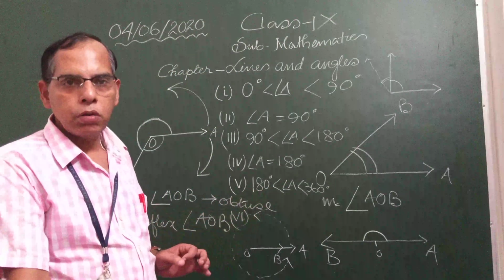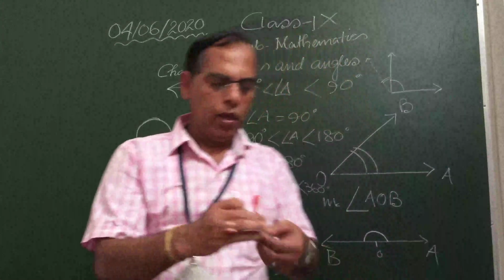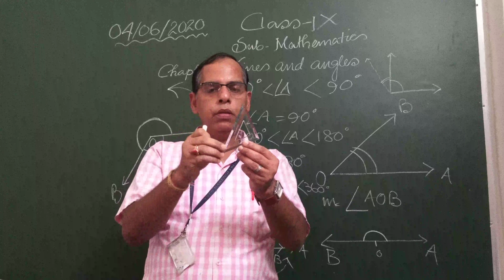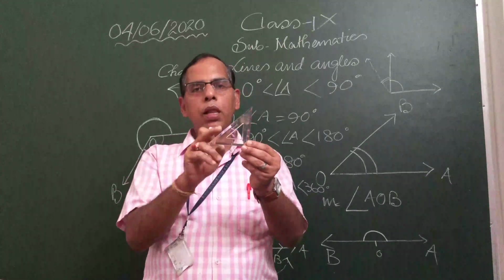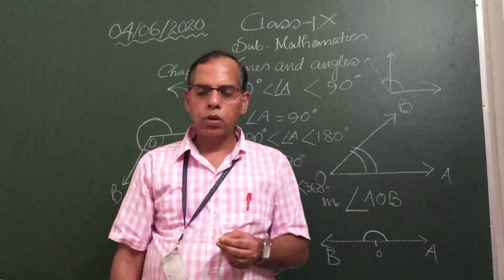Then we'll see what is the application of these. When I take this triangle, see this one, this is 90 degree, this is acute angle, this is acute angle, sum of this triangle is 180 degree.